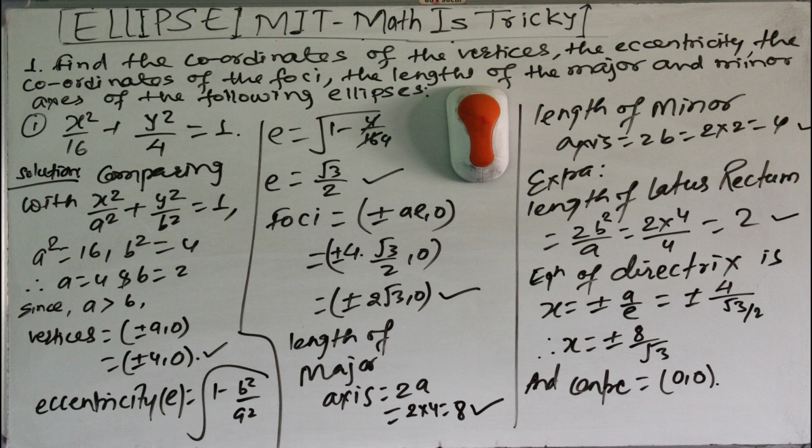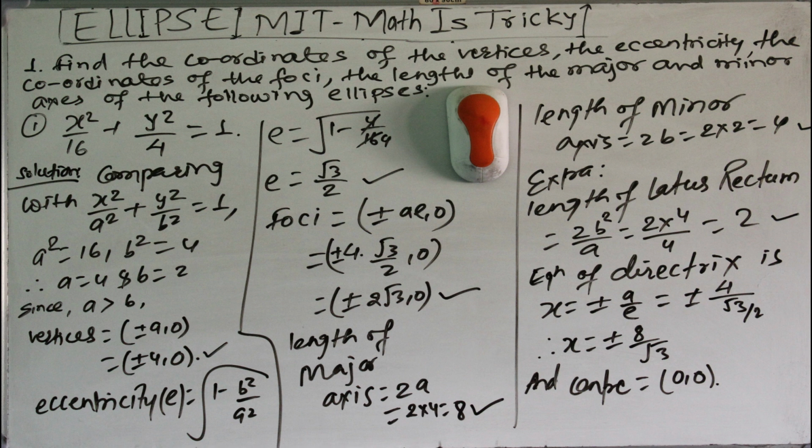The first one we are given here: the equation of ellipse is x square by 16 plus y square by 4 equals 1. By comparing this with x square by a square plus y square by b square equals 1, we get a square as 16, b square as 4, that means a is 4 and b is 2. We'll take the positive square root because a and b are positive.